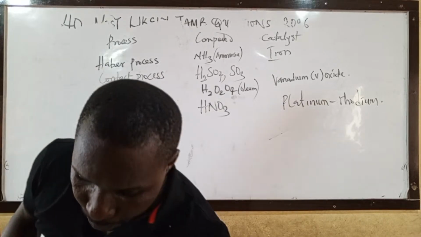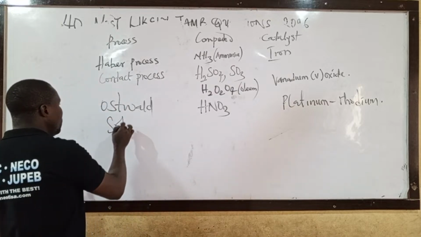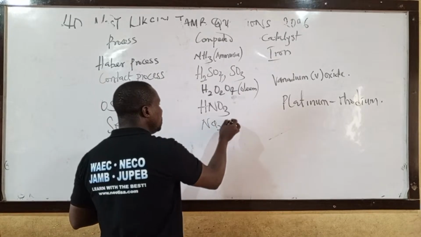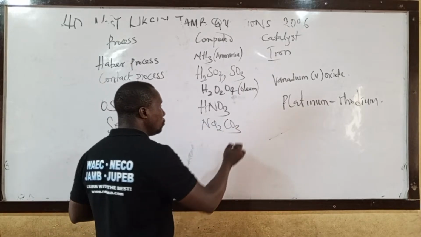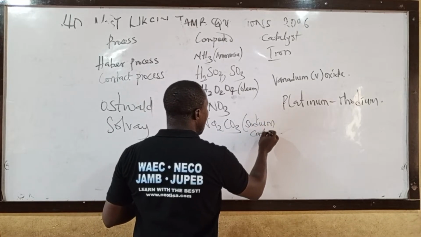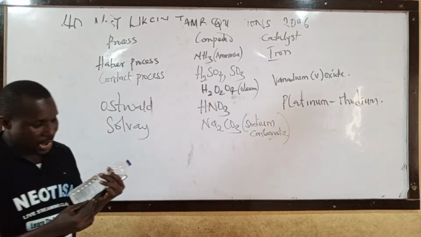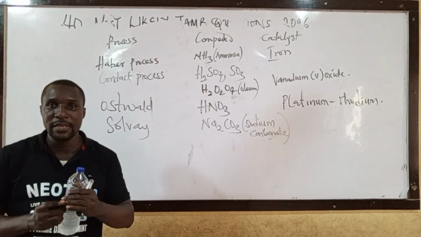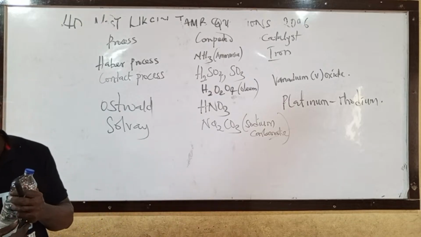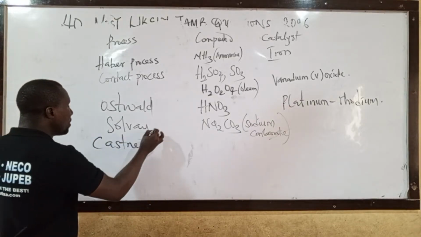We have the Solvay process. We use it to produce sodium carbonate. This one does not require any catalyst. We have Castner-Kellner. Take note of this one.